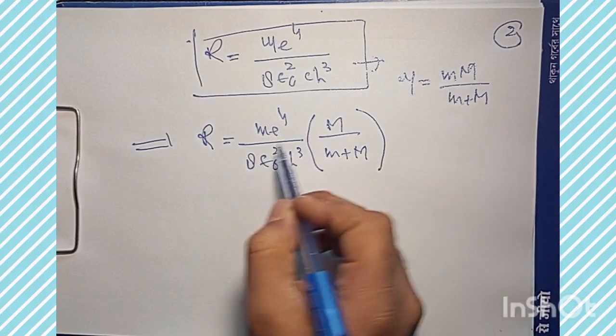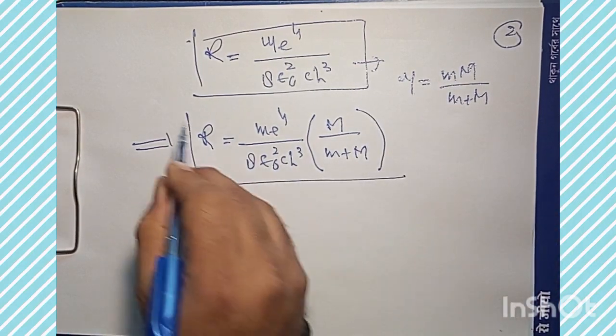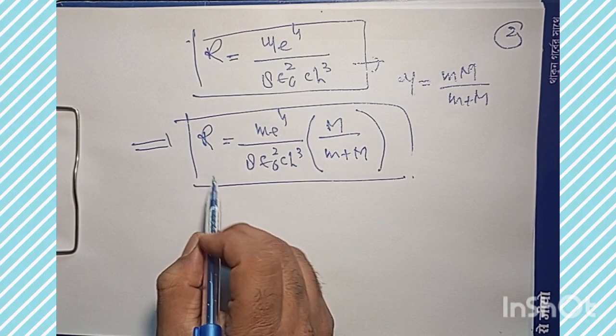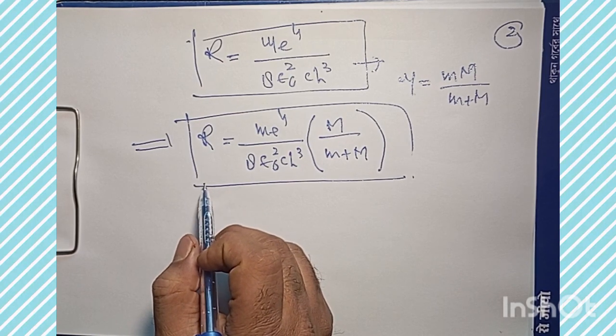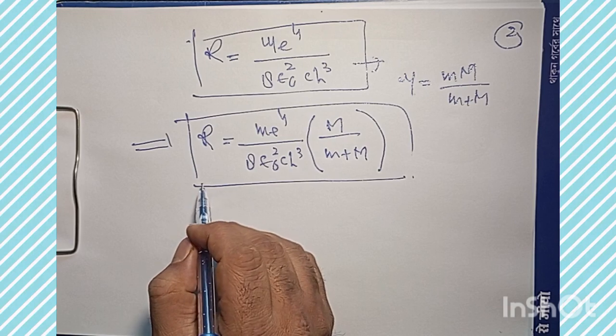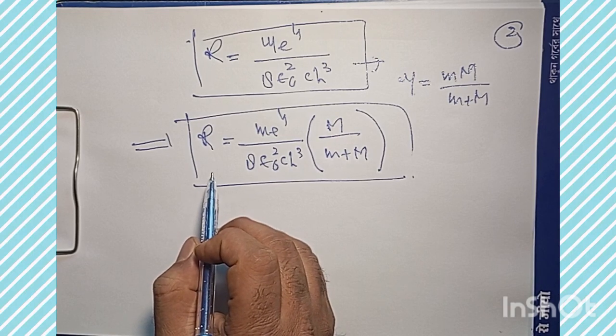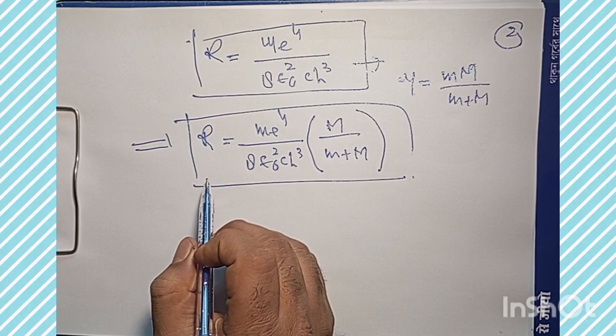So what we observe here is that we have a Rydberg constant which is not exactly the Rydberg constant that we had when we took into account the motion of the electron alone.